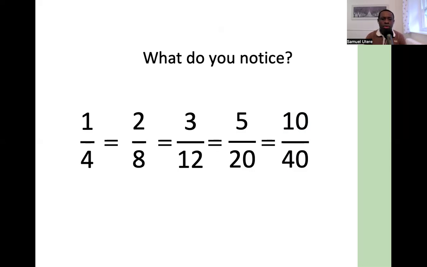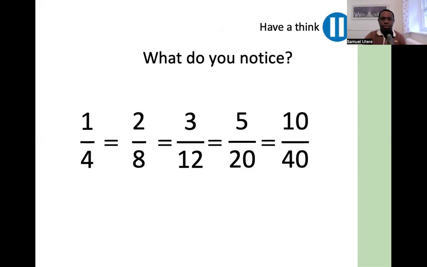But what do you notice about the relationship between the numerator and the denominator of each of these fractions?